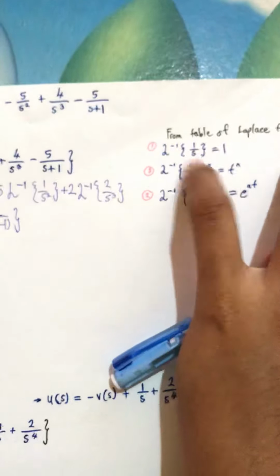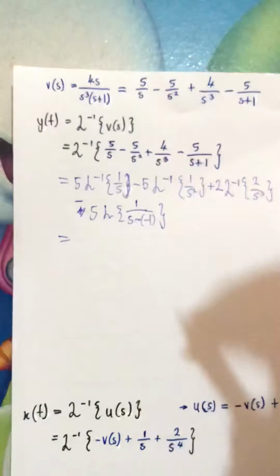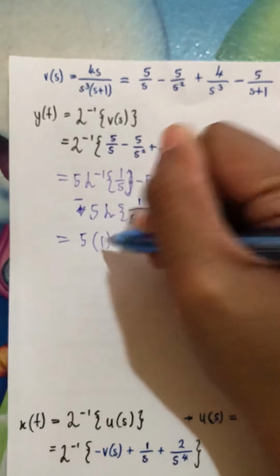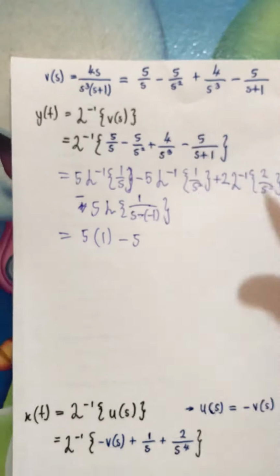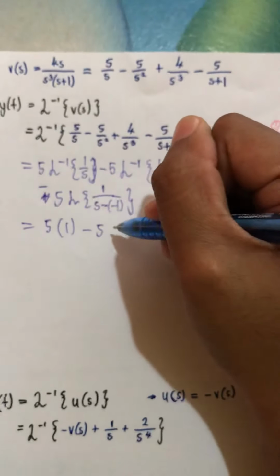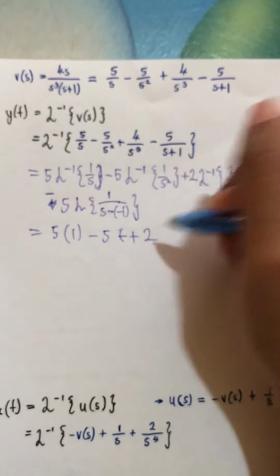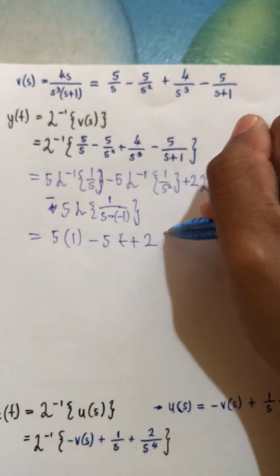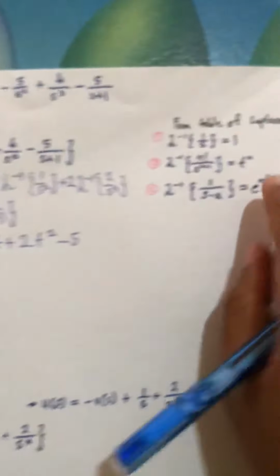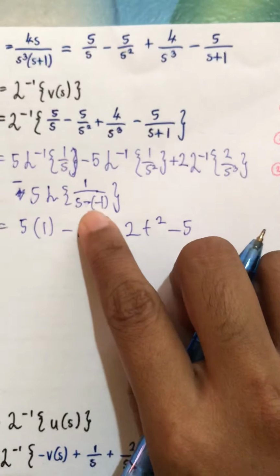So here the inverse of 1 over s will give 1. So equal to 5 times 1 minus 5. Here 1 over s squared becomes t, and plus 2, and then here we get t squared minus 5. Here we get exponent of at, where our a is minus 1.